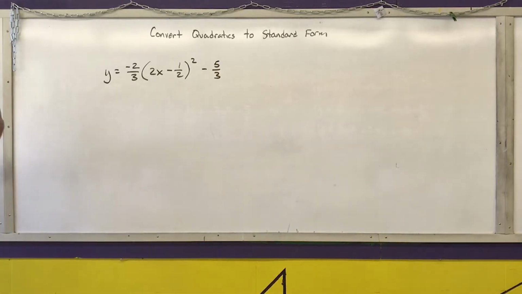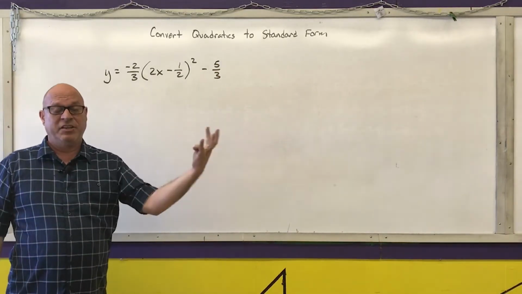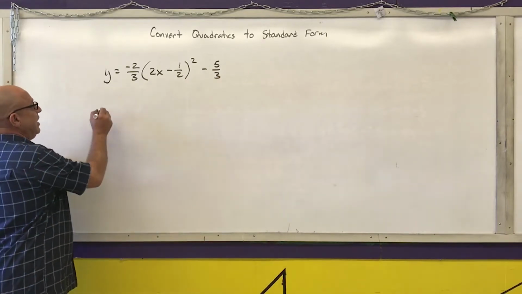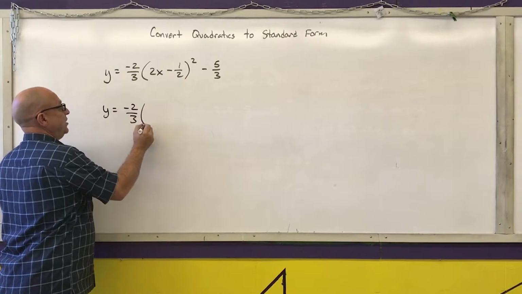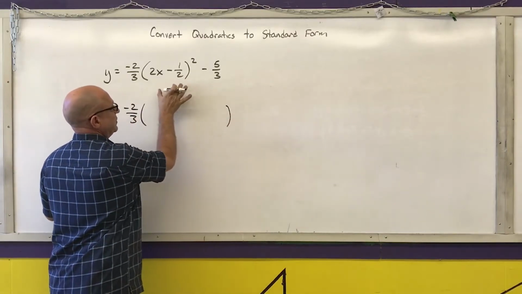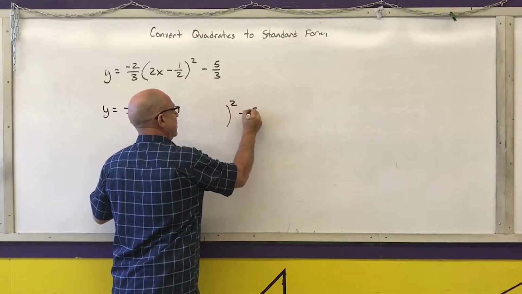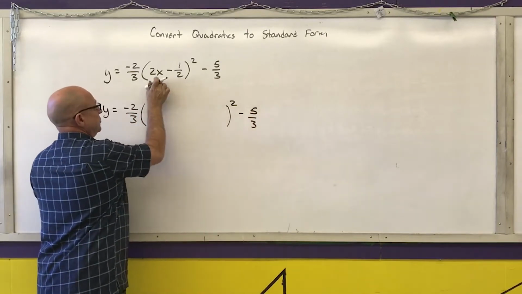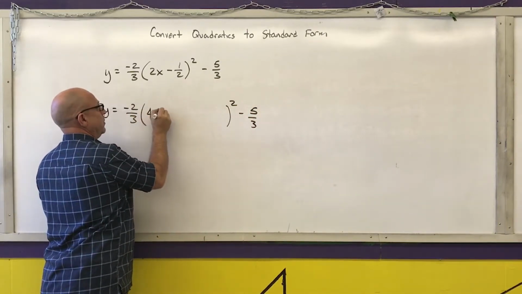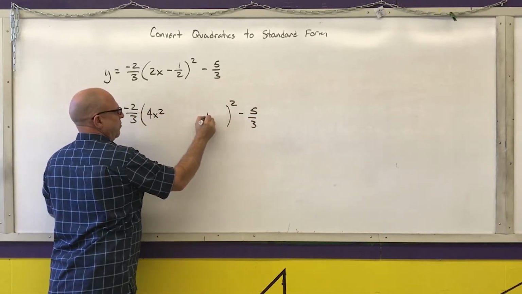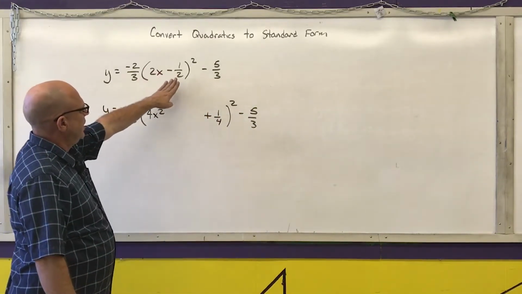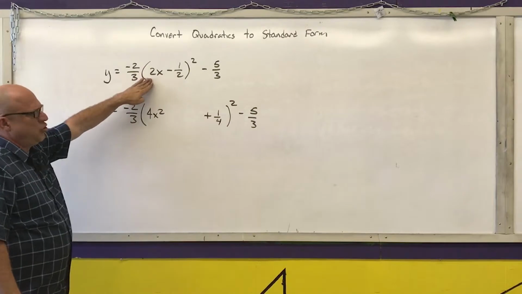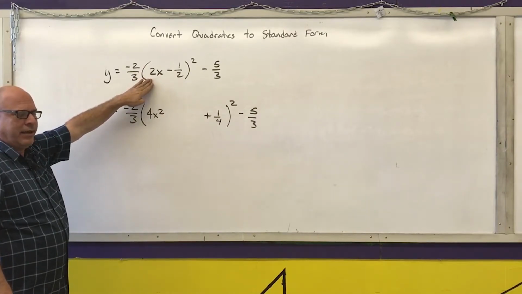Again, I'm doing it with fractions just so you can see I use the exact same process. I need to follow my order of operations. Order of operations says to square this thing first. So first term squared would be 4x squared. Last term squared would be 1/4. 2 times the product: negative 1/2 times 2x is negative 1x.